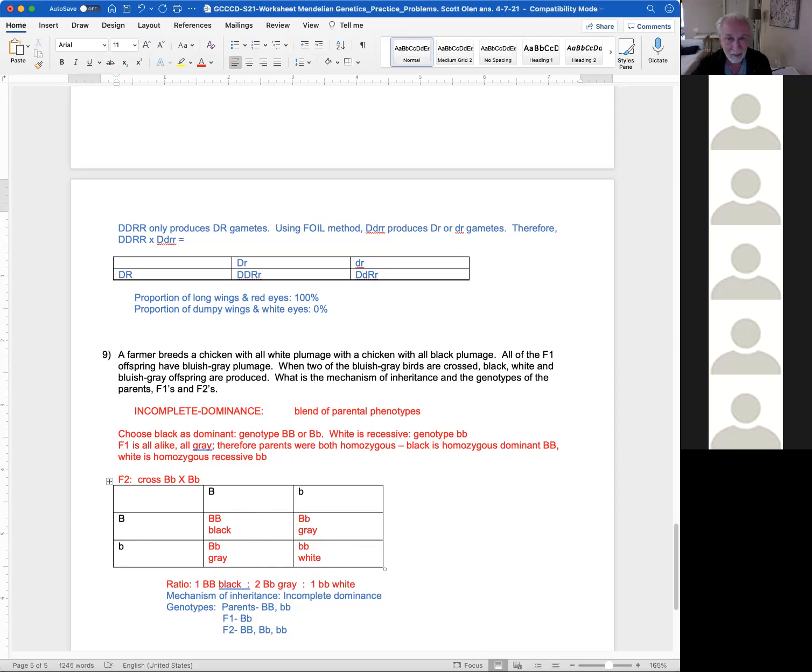So only the big B, big B is black. The two heterozygotes are gray, and the homozygous recessive is white. So to answer the question, what is the mechanism of inheritance? It's incomplete dominance. Incomplete because of what?